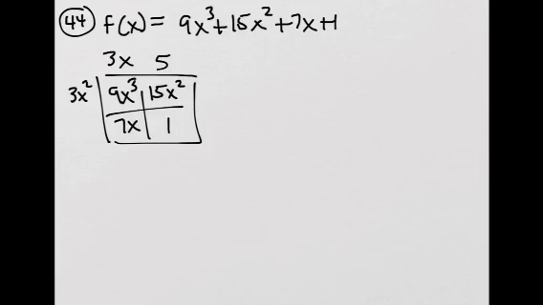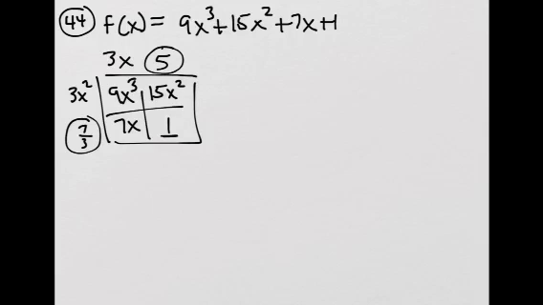And then 3x times what gives you 7x? And right off the bat, you're going to see that it doesn't make a lot of sense, because 3x times what gives you 7x would be 7/3. Right? 7/3 times 3x would give you 7x. But then when you check this number times this number, it does not give you 1, right? So you know that it doesn't factor by grouping.